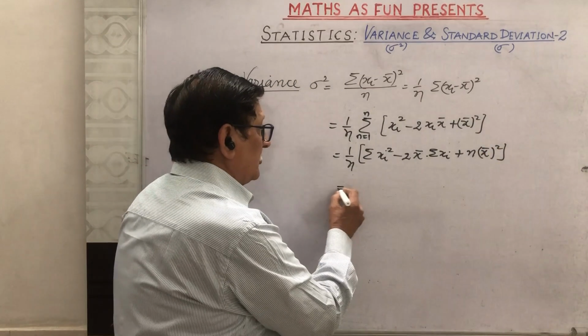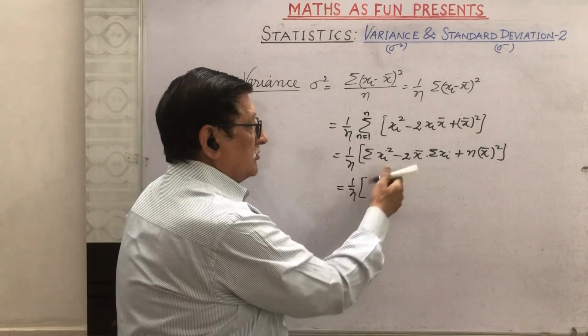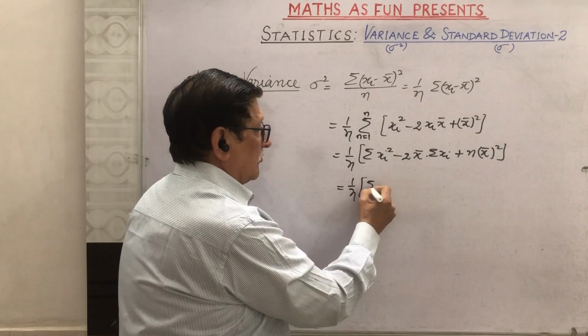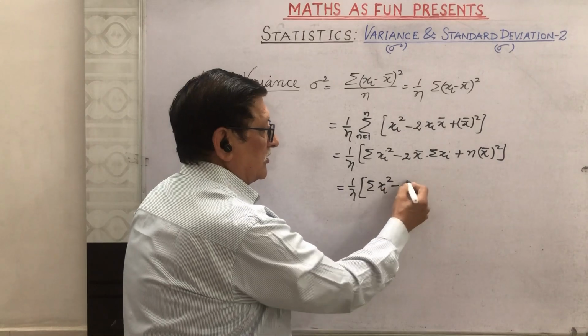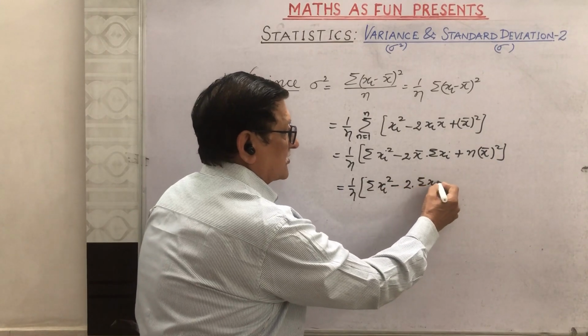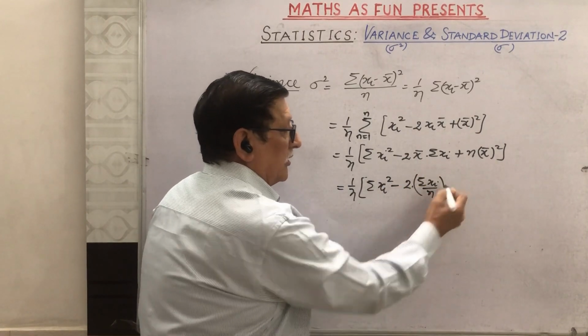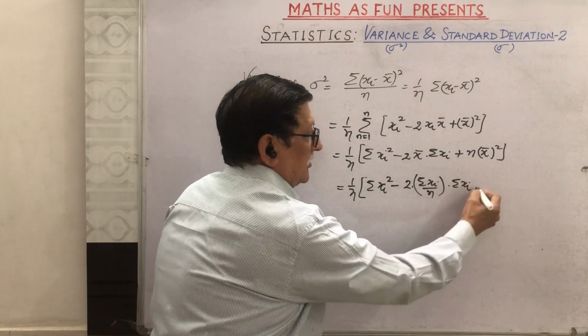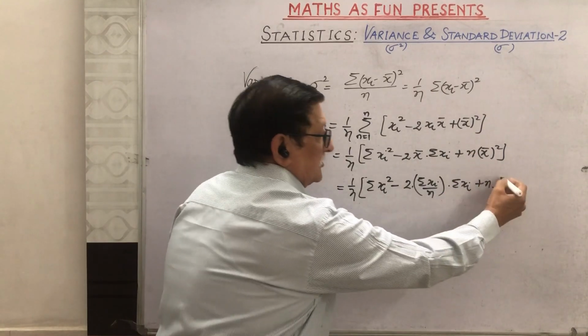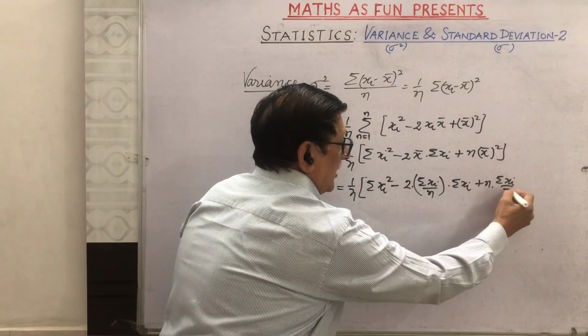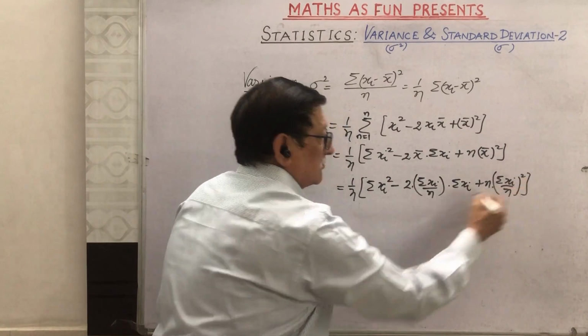Now if we apply the value of x bar here, this will be sigma xi square, it is 2 into sigma xi upon n into sigma xi plus n into, this is sigma xi upon n whole square.